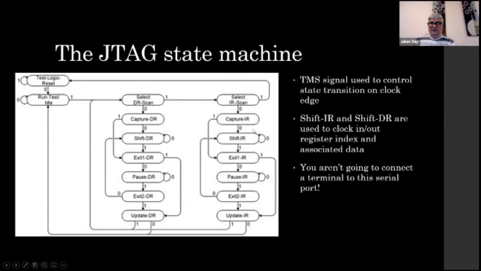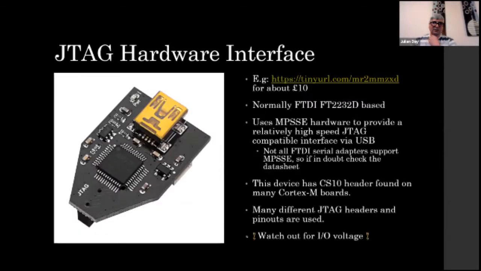So again, we're going to need some software to control this. And, well, sorry, hardware to interface to it, rather. In the olden days, people used to use parallel ports and bit bang and whatever else, and it was pretty messy. These days, you'll get one of these nice little devices from your favorite Chinese vendor for about £10.